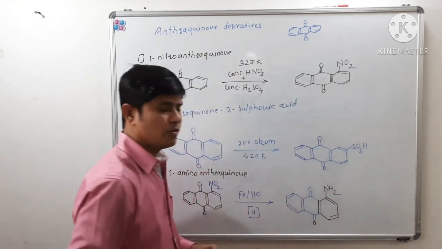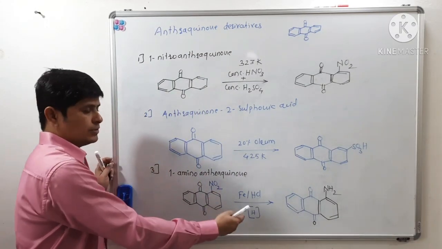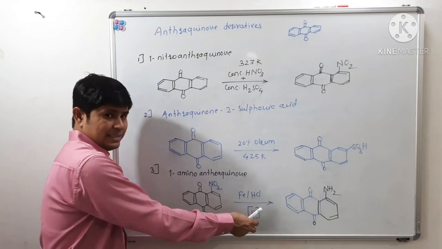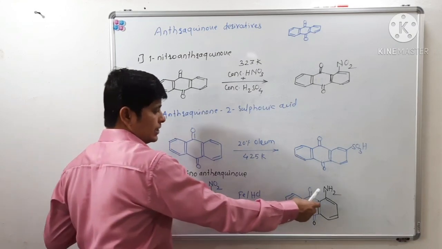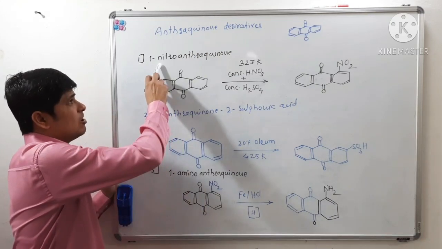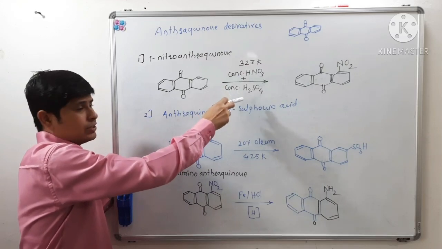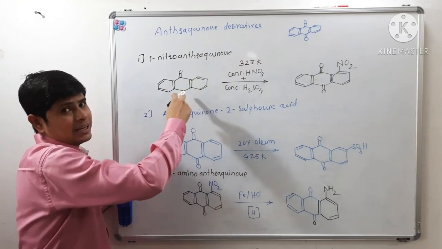So this is 1-aminoanthraquinone. 1-nitroanthraquinone on reaction with iron and hydrochloric acid, that is Bechamp reduction, will give 1-aminoanthraquinone. So we have seen synthesis of 1-nitroanthraquinone by nitration of anthraquinone.